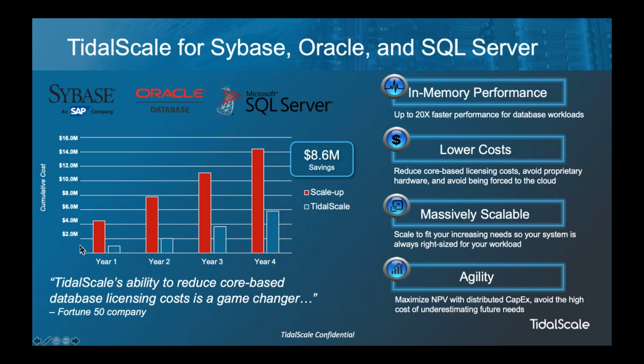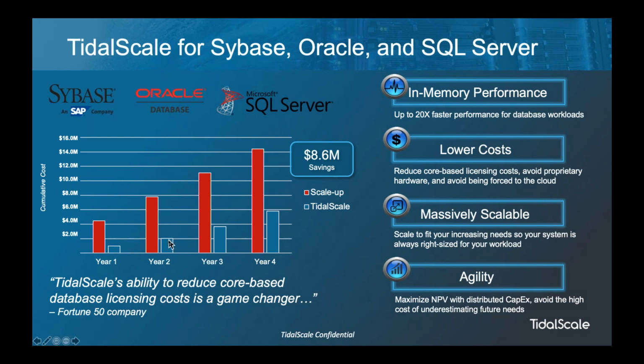The other ability to do this is we can use TidalScale. What I can do there is I can look at what I need for the next 6 months. Again, it could be to your next maintenance cycle, your maintenance window. Let's say 6 months. And what I'll do is I will buy the CPU and RAM that I require for now, and I will license what I need now.